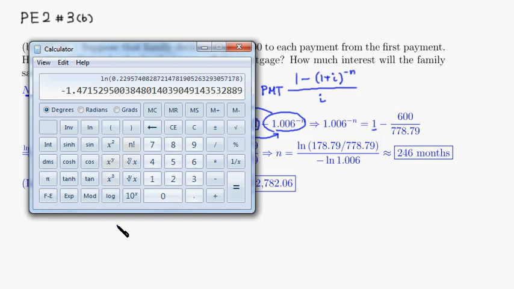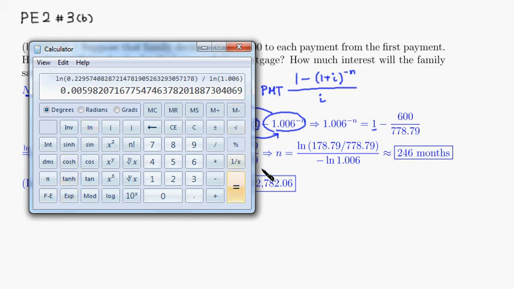Divided by, actually negative. What I should do is 1.006, then take the natural log.